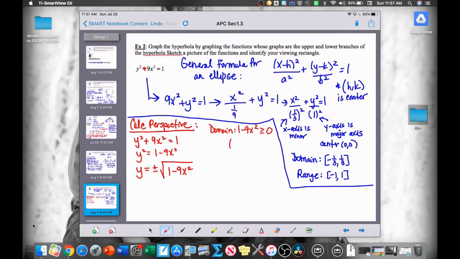I can factor that into (1 minus 3x)(1 plus 3x) greater than or equal to 0. The values that would make those two factors 0, my critical values, are x equals positive 1/3 and x equals negative 1/3. So I make my number line with negative 1/3 and positive 1/3.